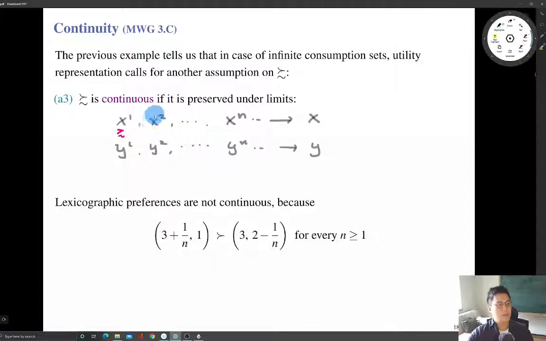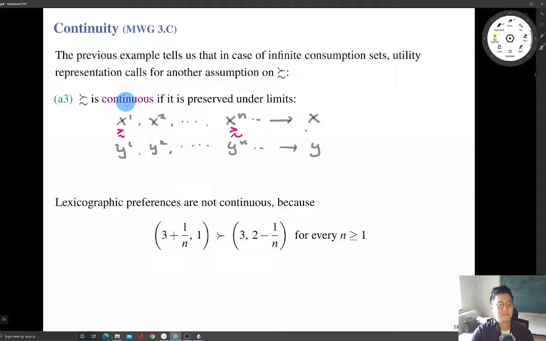So x super 2 is better than bundle y super 2, and x super n is weakly better than bundle y super n, for every n. And this preference ranking is preserved if the preference is continuous.